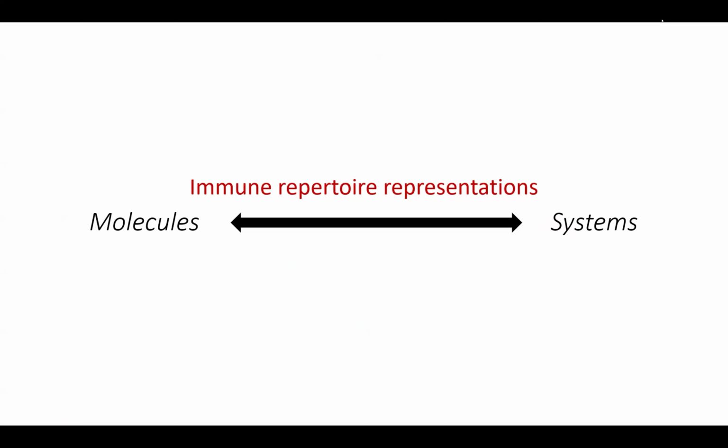That's rare in biology, where you're able to work multi-scale in a single project. The idea here is that the core atom of every repertoire is this individual receptor sequence, which is the molecular scale representation. But what we are trying to do is take these molecular scale representations and aggregate them in a way where you can start to answer systems level questions with this.